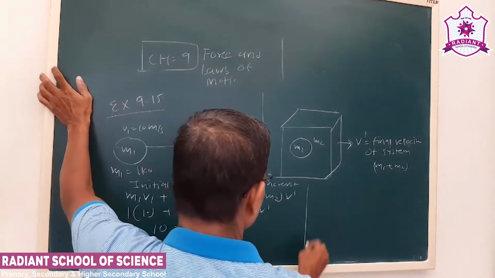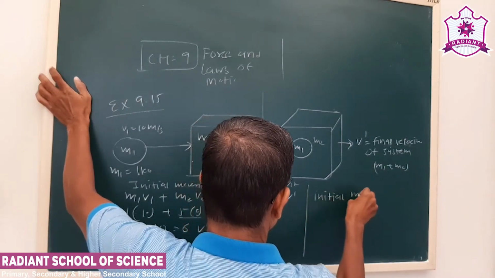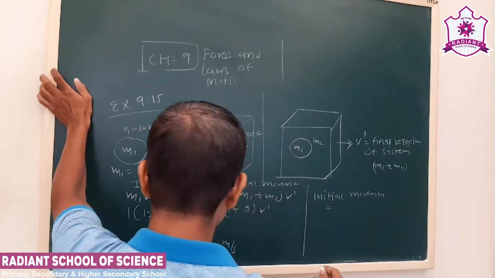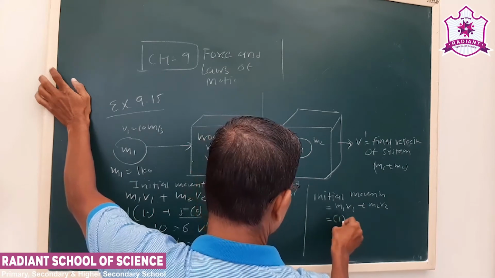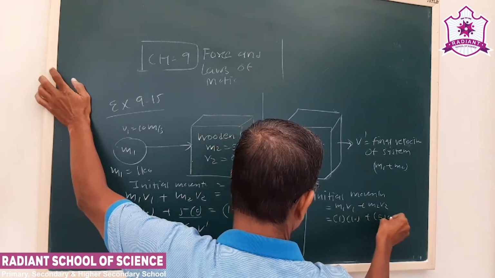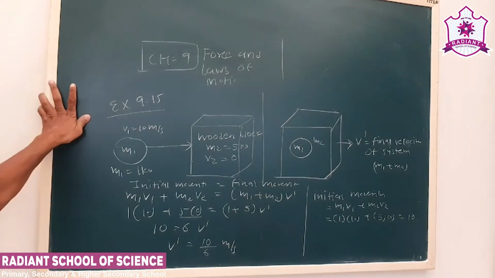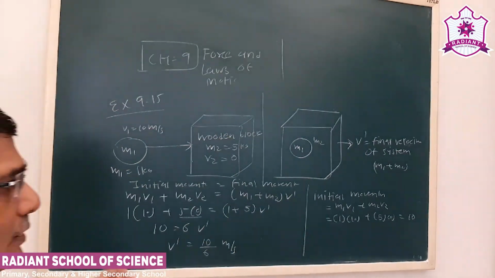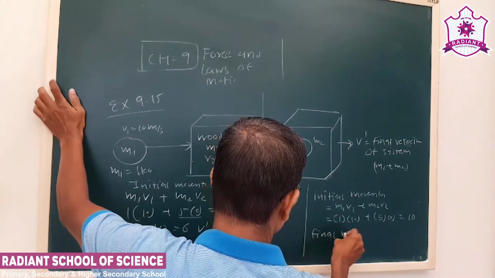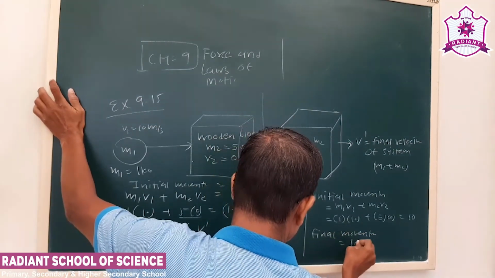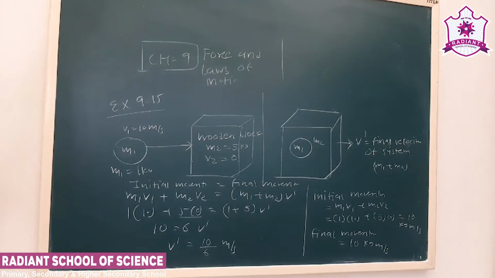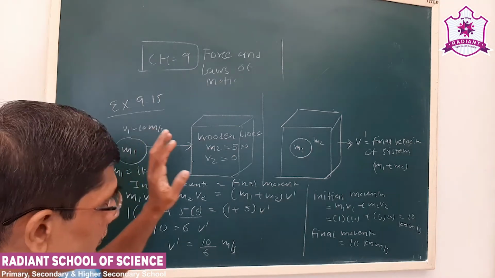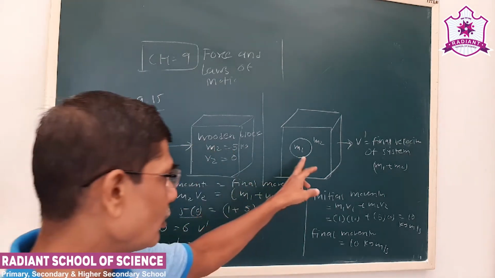Now see the initial momentum is m1 v1, that is 1 into 10. By the law of conservation, final momentum should be equal to initial momentum. The final velocity we have already calculated. This is how we can calculate the velocity of the system, that is the block and the mass m1.